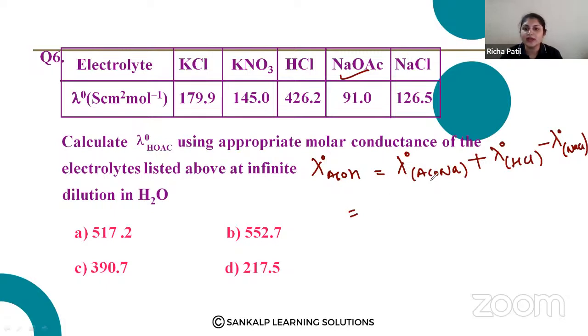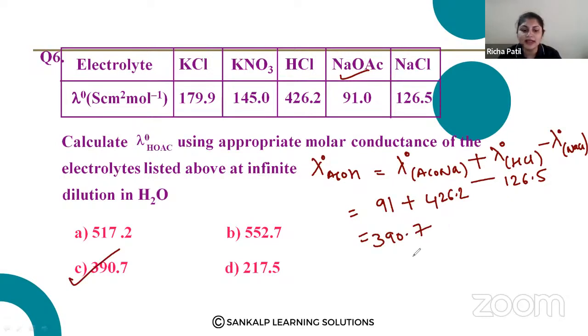Substituting: 91 plus HCl, which is 426.2, minus NaCl, which is 126.5. So for AcOH, what is the answer? Yes, it is 390.7 Siemens per centimeter per mole. So for acetic acid, this will be the answer.